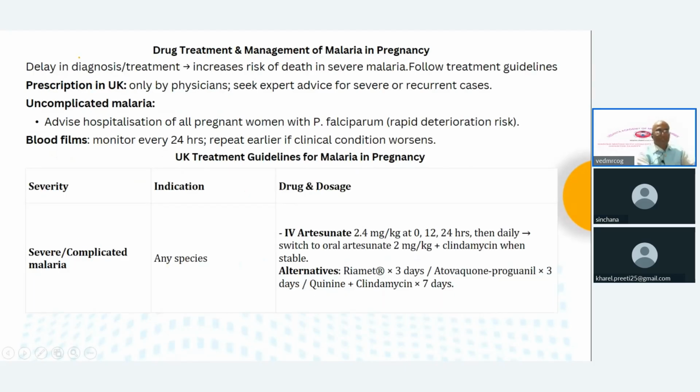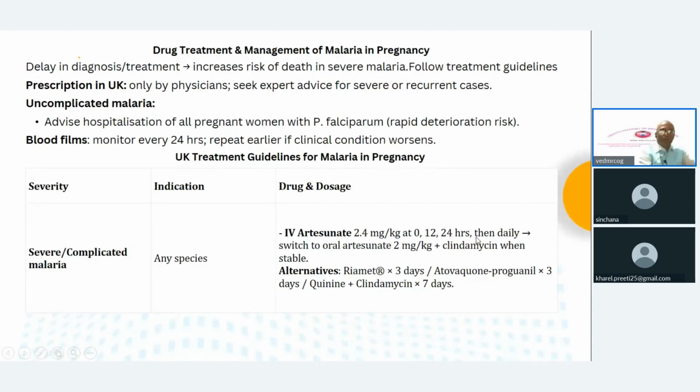Now, drug treatment and management of malaria in pregnancy. So, what are the guidelines? If you have severe complicated malaria from any species, remember, you are clinically classifying as severe or uncomplicated. If it is severe or complicated for any species, your drug of choice will be IV artesunate, 2.4 milligram per kg at 0, 12, and 24 hours.